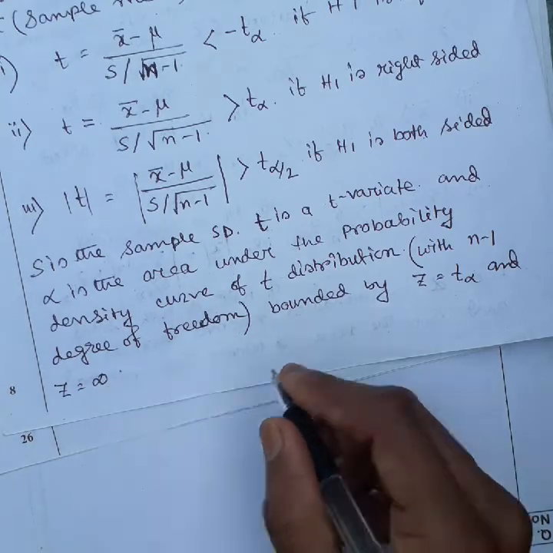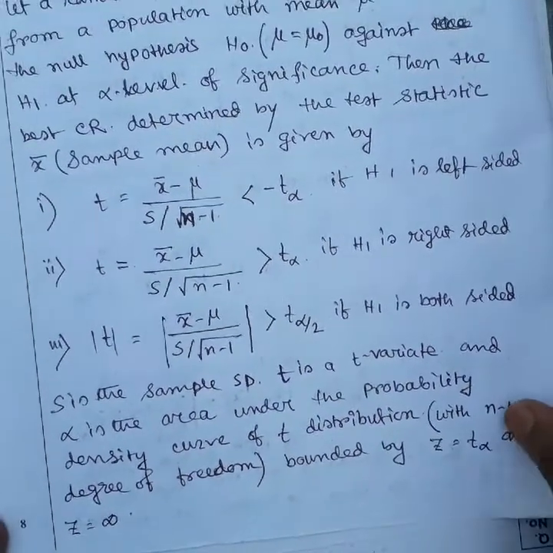So when the population is not normal, we use the T distribution.